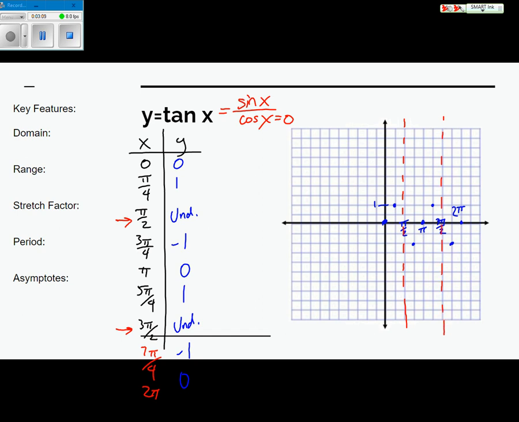Even if I backtrack a little bit, I know it's not on my table, but if I just repeat the pattern and keep bringing it back, I'm going to get another vertical asymptote right here at negative pi over 2. So keeping in mind that I have to go through these points and approach these vertical asymptotes but not cross them, here are the shapes I get.